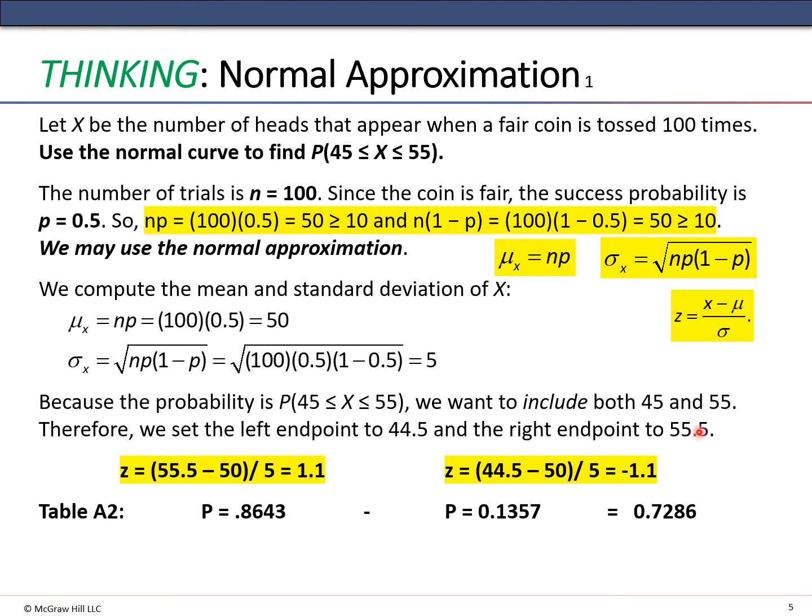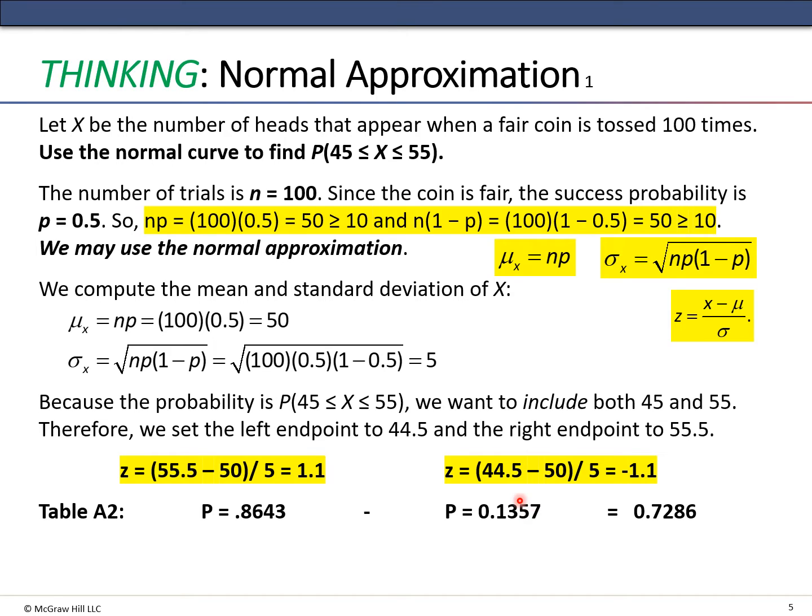If we look at table 8.2 for the value at 1.1, we get a probability of 0.8643, right? That's the probability on the right, okay? So that includes everything from 55.5 down to 0. The probability at negative 1.1 is 0.1357.